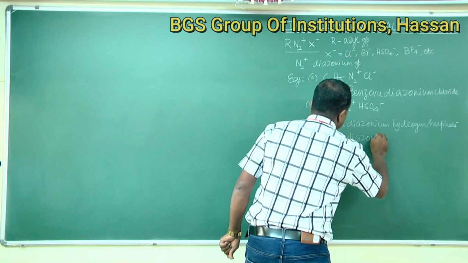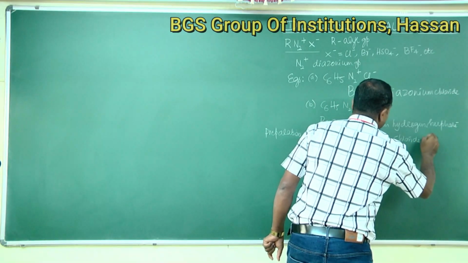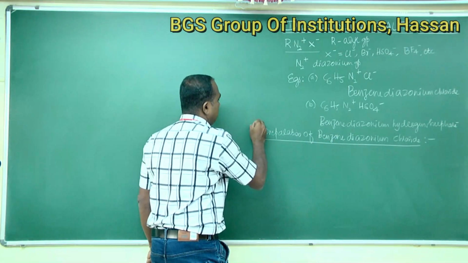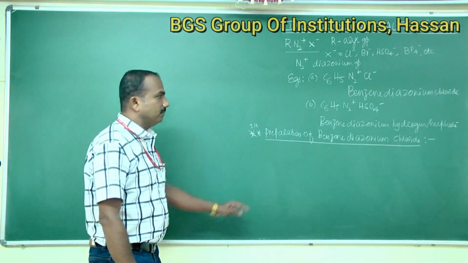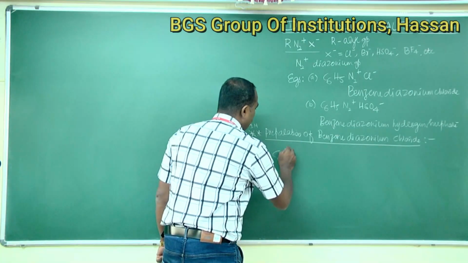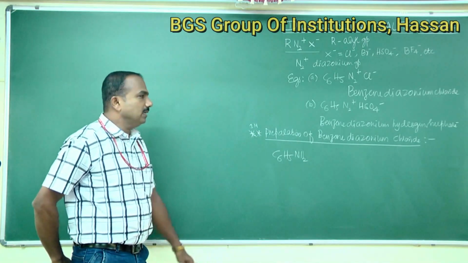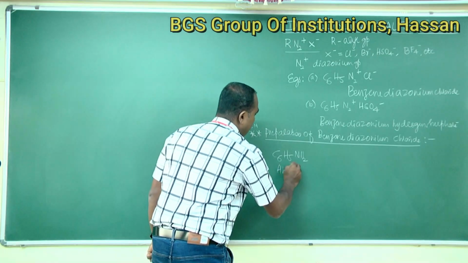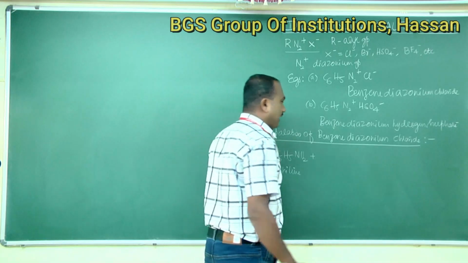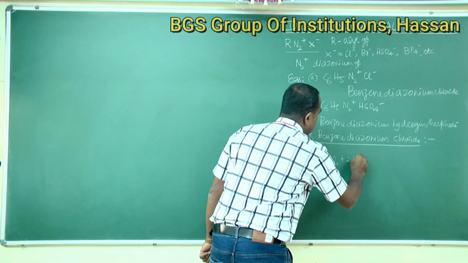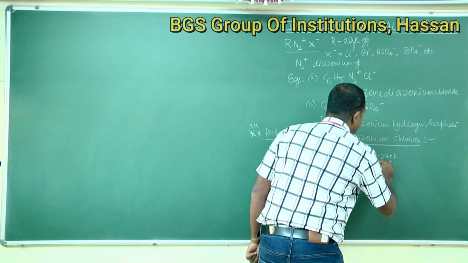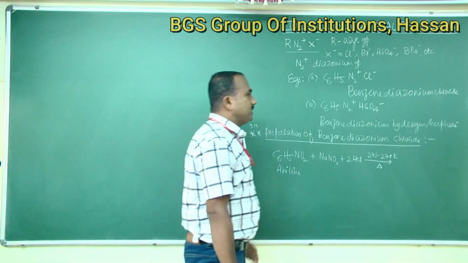This is important, and it can be asked for 1 mark. Benzene diazonium chloride, C6H5N2+Cl-, can be prepared by treating an aromatic amine, that is aniline, whose IUPAC name is benzenamine, with nitrous acid at a temperature of 273 to 278 Kelvin. Benzene diazonium chloride is formed.